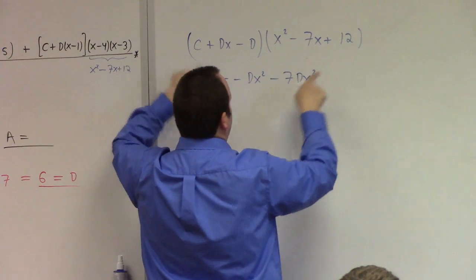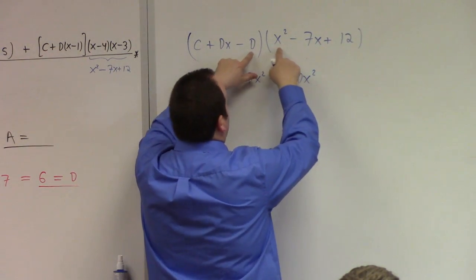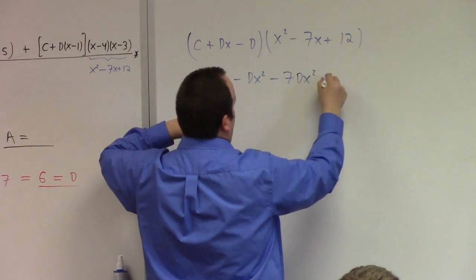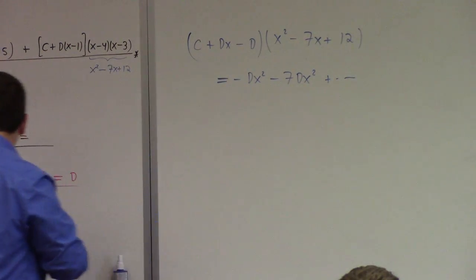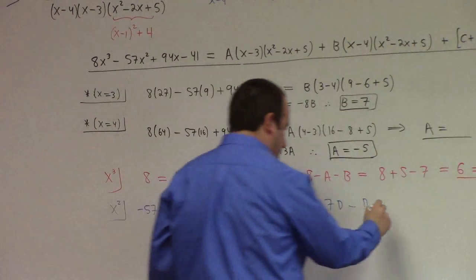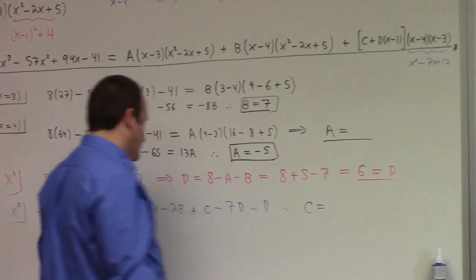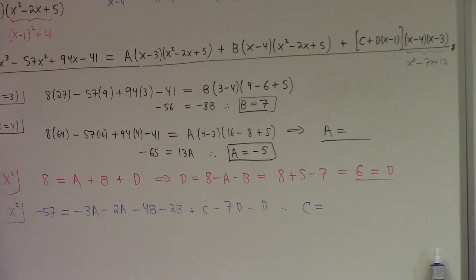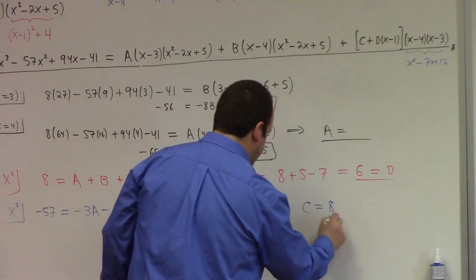I mean, there's 9 terms, but these are the only ones that have x squared in them, right? And that's why I said minus d. Oh, so c equals what? 8. All right.